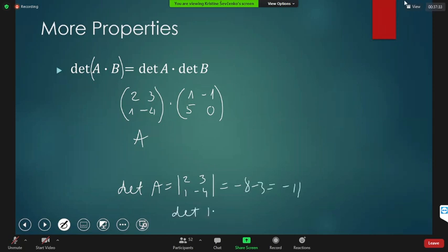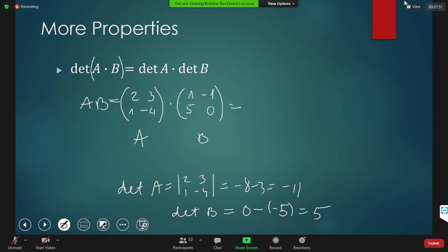And the determinant of B, the second one, would be 0 minus negative 5, and that is 5.